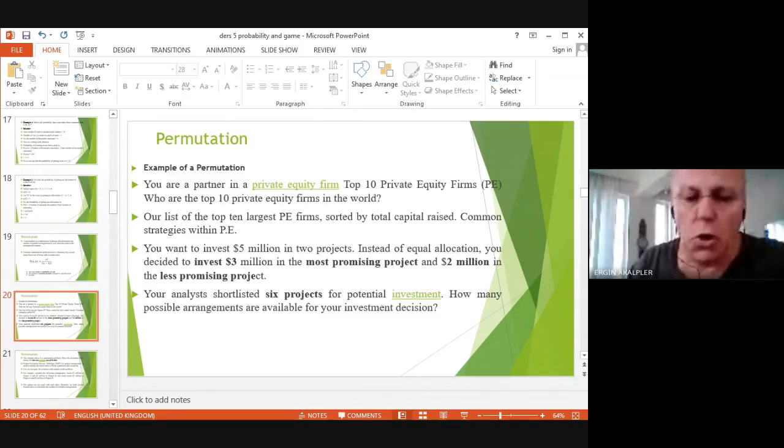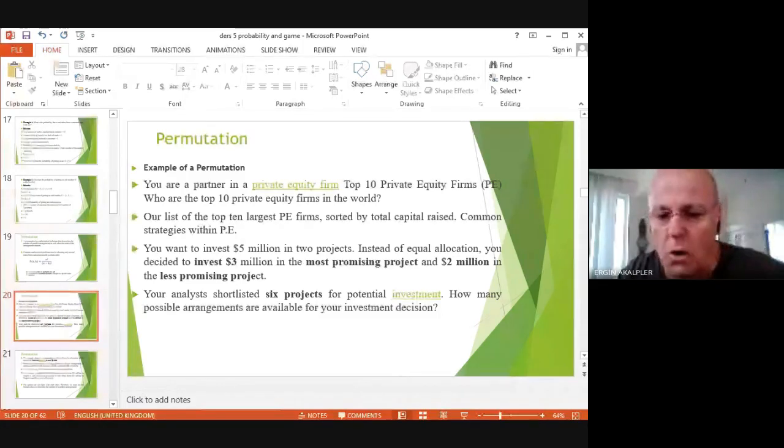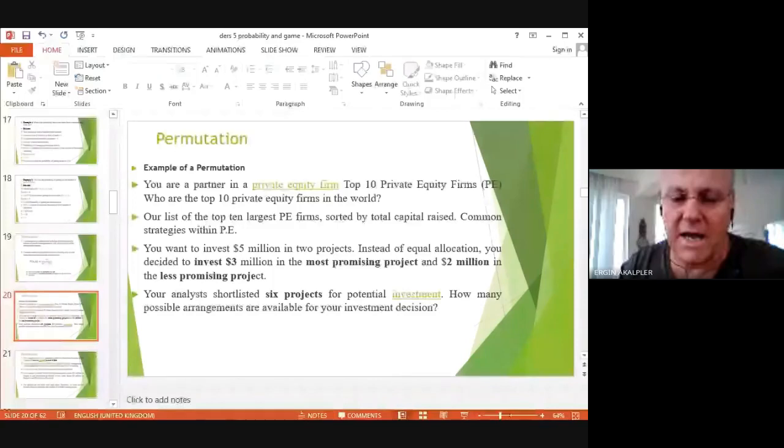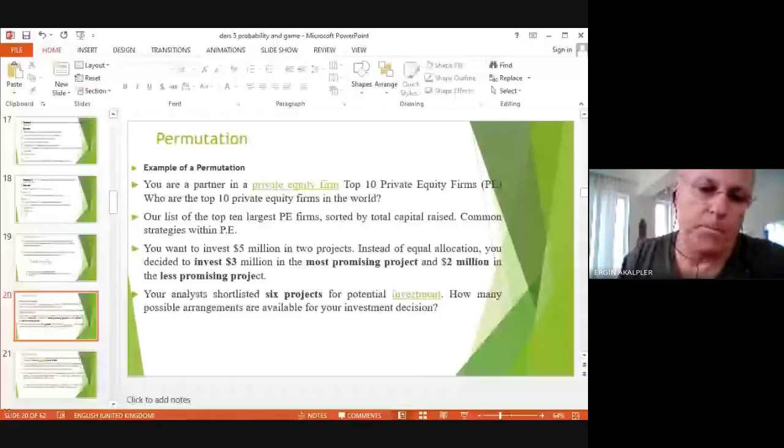The projects given to you are shortlisted and reduced to 6. Therefore, you now have 6 to choose from to invest in the direction that is most profitable. How many possible arrangements are available for you? The investment decision is now in question in this given scenario.